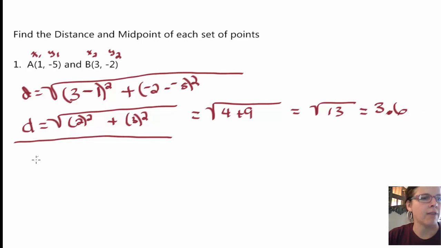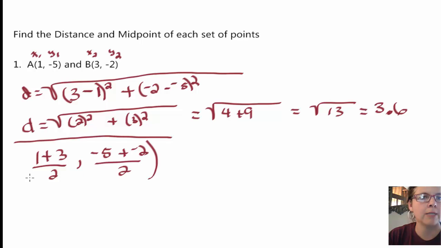Now the midpoint of these same points. Remember, midpoint is just like finding the average. So you add 1 plus 3, which is our x's, and then our y's are negative 5 plus negative 2, over 2. This is one big point.